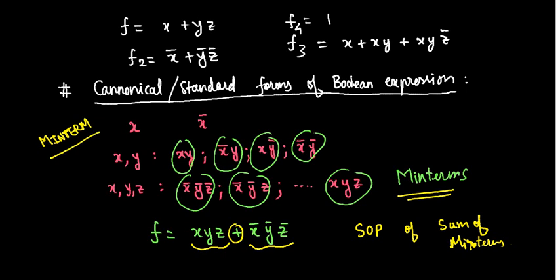Another standard form is a max term. Say for example, there is a function of x, y, z. What is the idea behind this? The idea is, say for example, there are n variables.